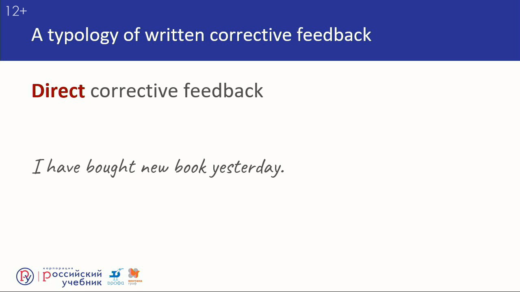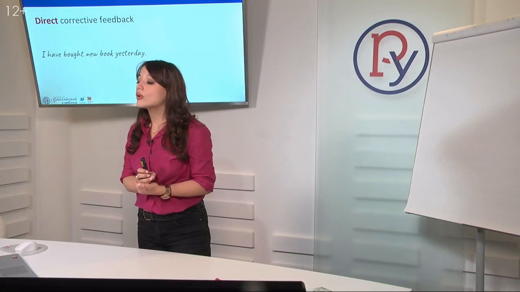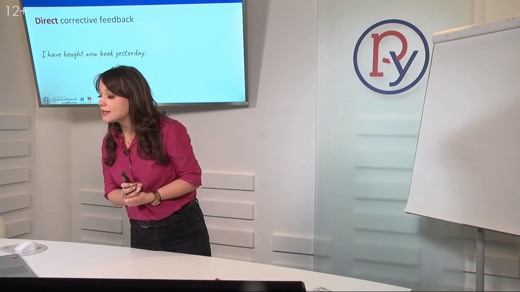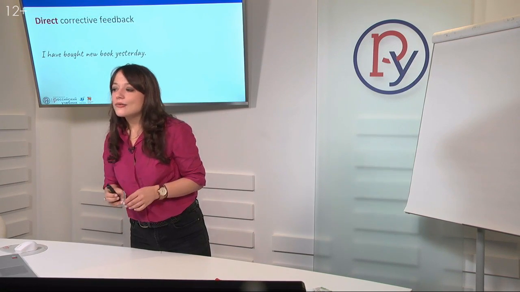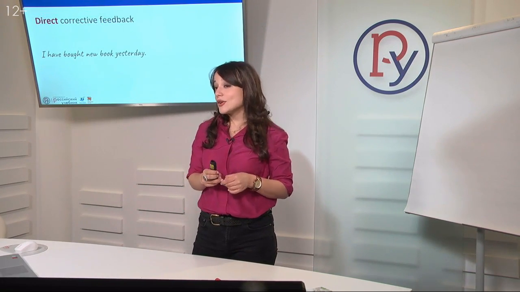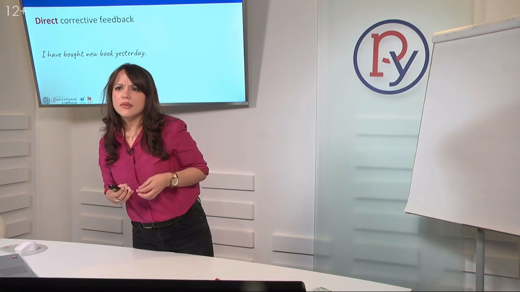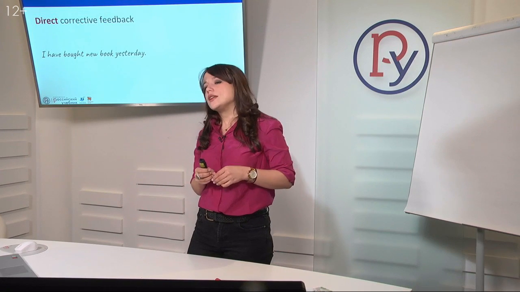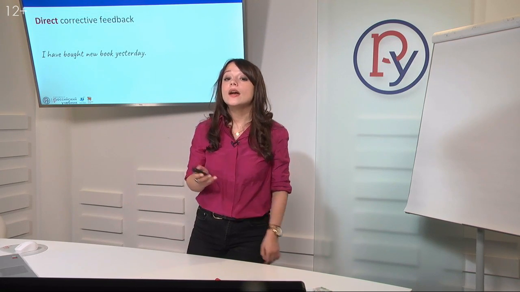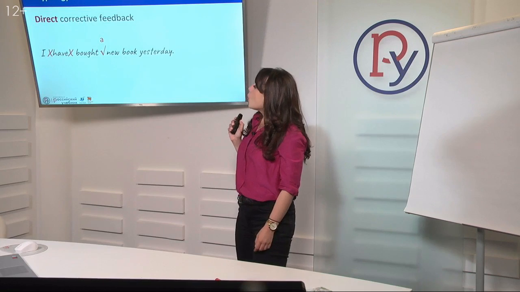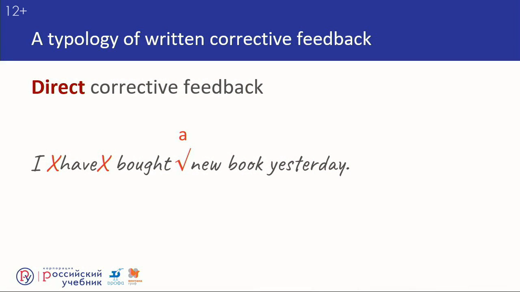Direct feedback. I think some of you have already mentioned direct feedback, when answering my question, what types of written corrective feedback are there, or what are different ways of correcting student writing. Now, have a look. What is direct feedback?